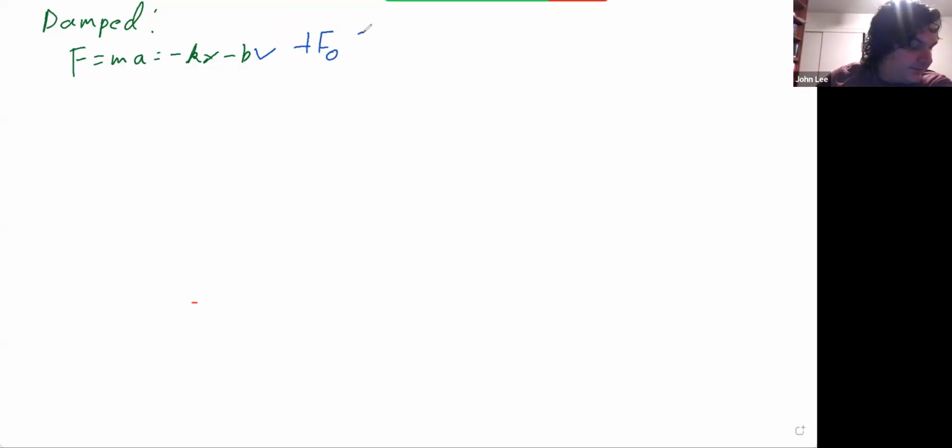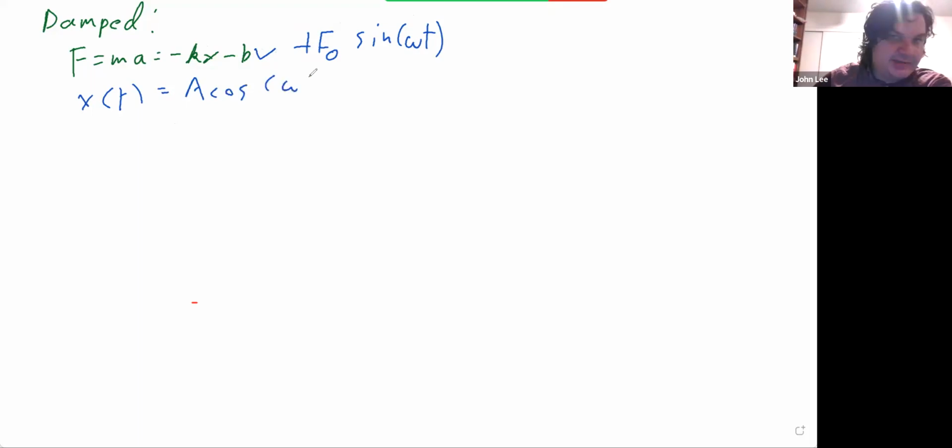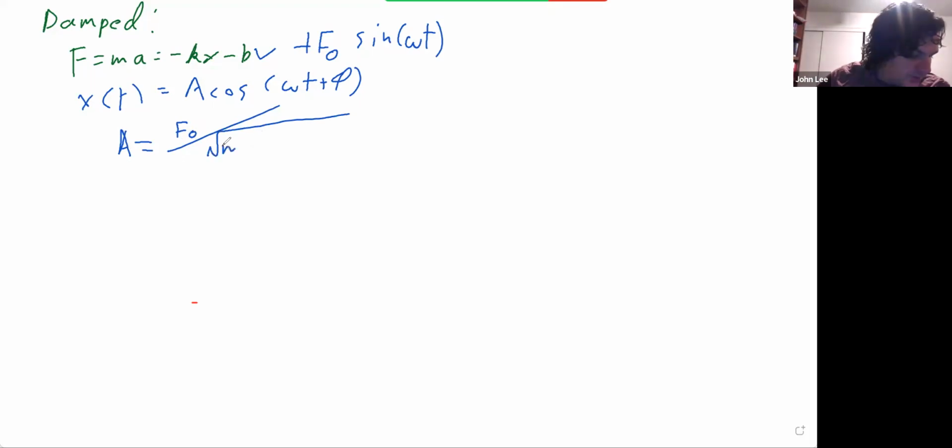If you add the driving sine wave to this equation, ma equals negative kx minus bv plus F naught sine omega t, that gives us x of t equals A cosine of omega t plus phi, where A is equal to F naught divided by the square root of m squared times omega squared minus omega naught squared, squared, plus b squared omega squared.